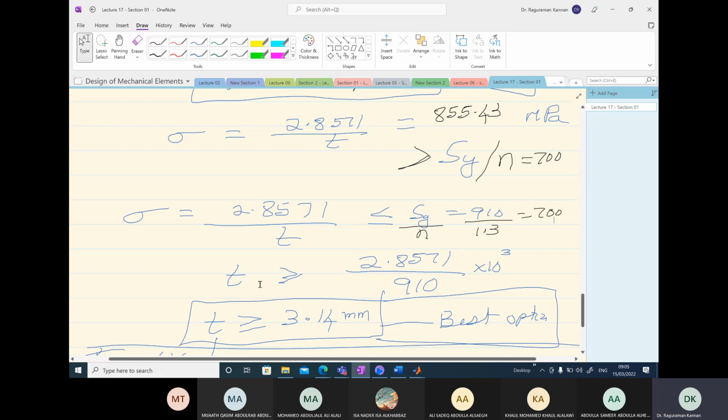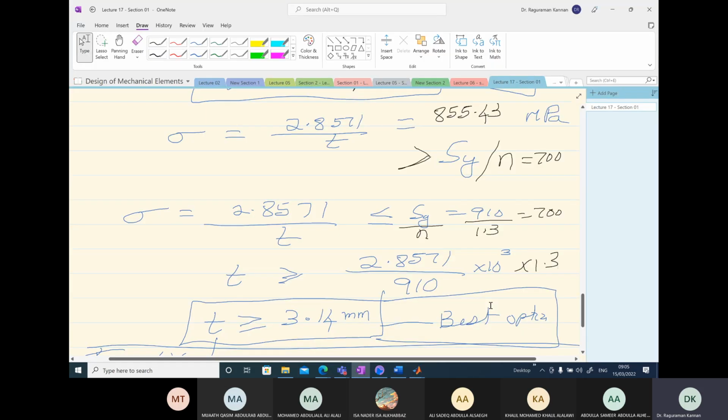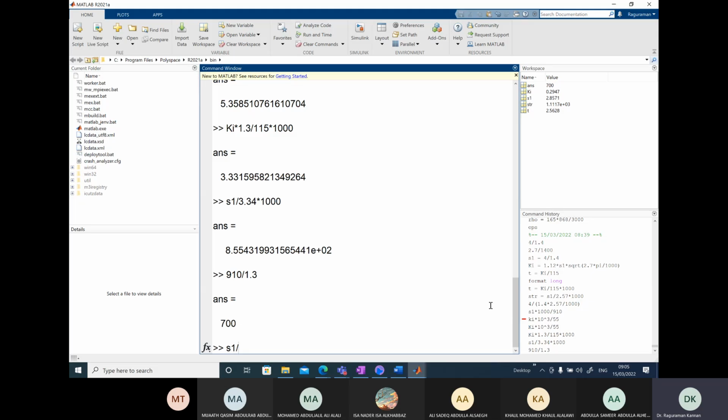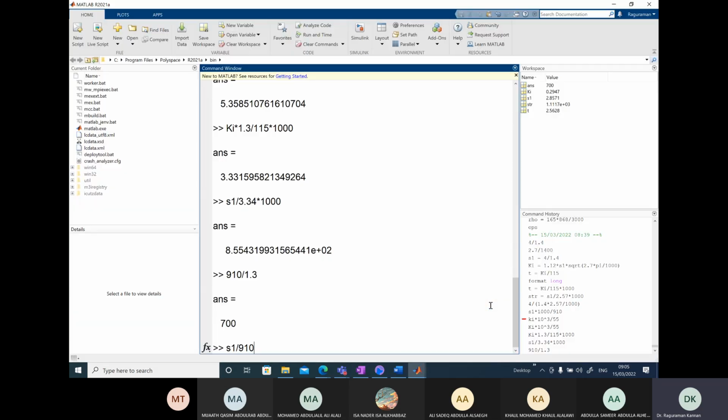Okay, so with this value, if you again calculate T, we have 2.8571 over 910 times 1.3 factor. Okay, S1 over 910 times 1.3 times 1000, so 1307.